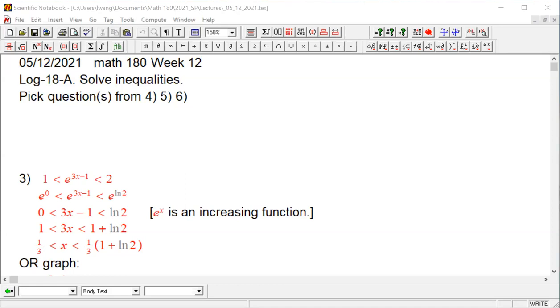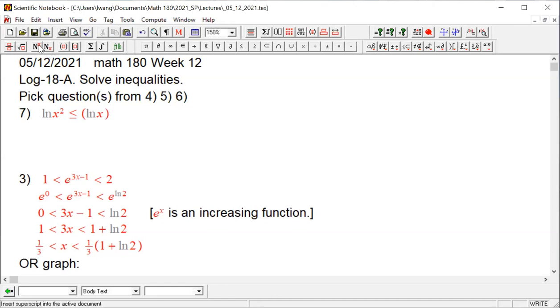There are 2 remaining questions, number 7 and number 8. Let's do number 7 first. Doesn't number 7 look familiar?